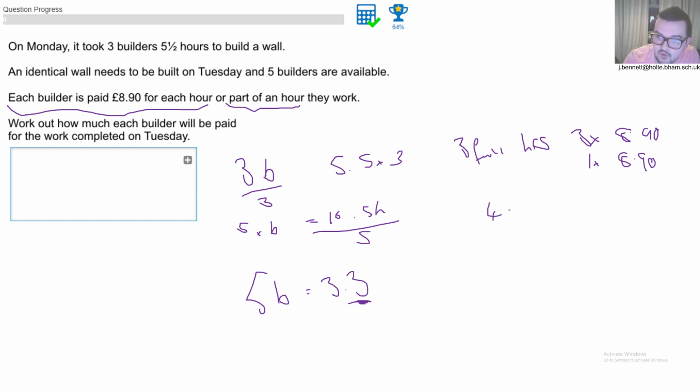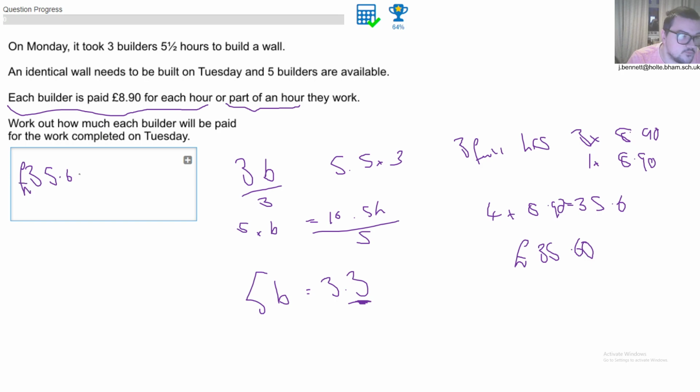So we want 4 lots of £8.90. So £8.90 times 4 is 35.6, or in terms of money, £35.60. The question says work out how much each builder will be paid for the work completed on Tuesday. There is our answer, 35.6, or make it applicable for money, £35.60.